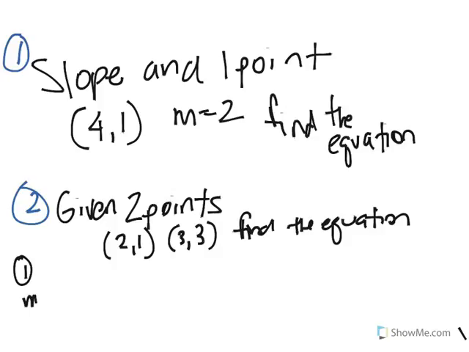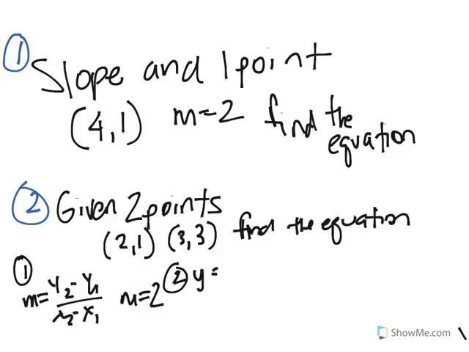So first you use the slope formula to find the slope. Right? Calculate the slope, m equals, in this case, m equals 2. I found that because I did this quick little slope calculation. Then you plug the slope into y equals mx plus b, and you get y equals 2x plus b.